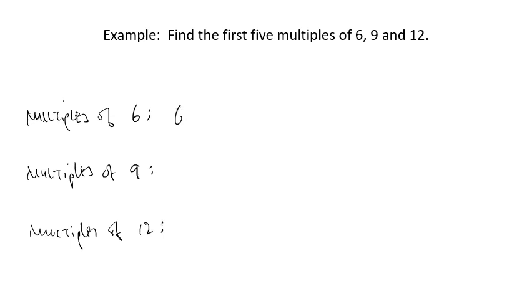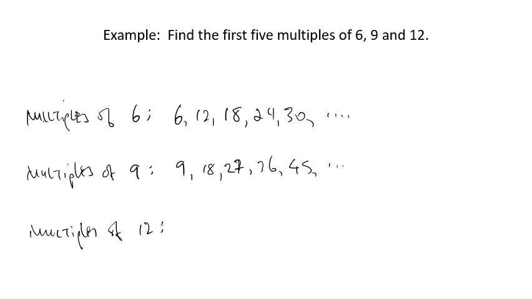We'll take 6 times 1, 6 times 2, 6 times 3, 6 times 4, 6 times 5, and then of course we know this keeps going. 9 times 1, 9 times 2, 9 times 3, 9 times 4, 9 times 5, and then 12 times 1, 2, 3, 4, 5. That's it. So those are our first 5 multiples for all of those.